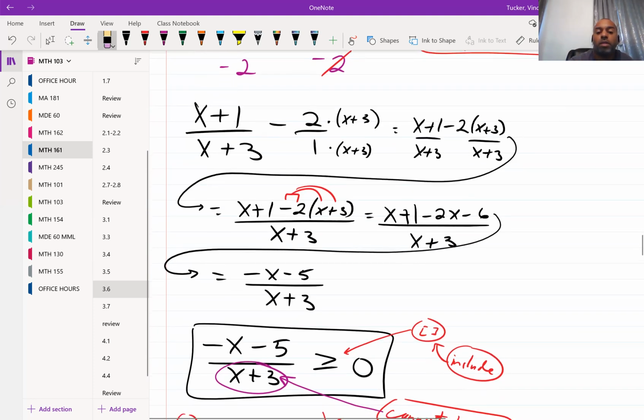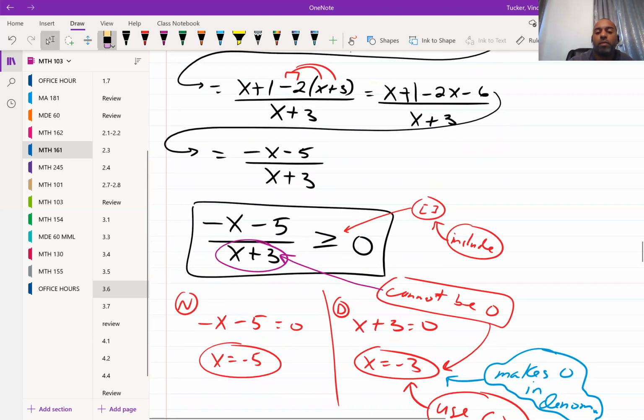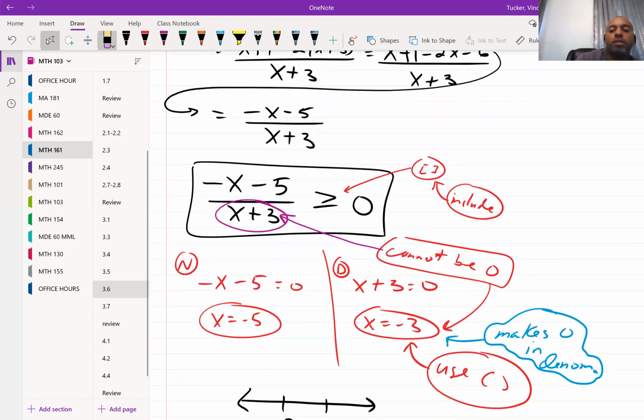All right, scrolling up. Got a few notes going on here. Just like before, we're going to set numerator and denominator equal to 0.